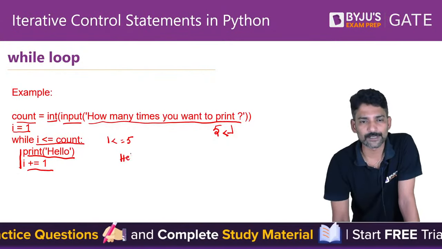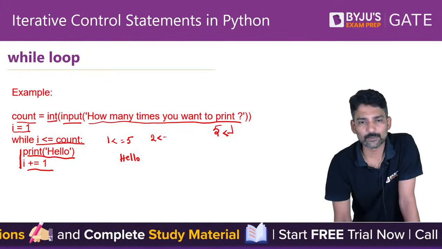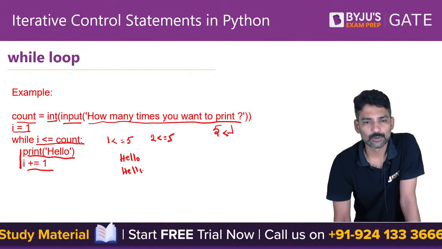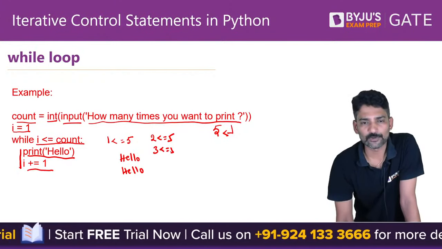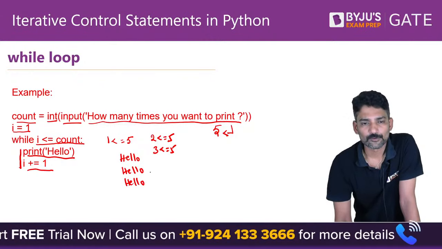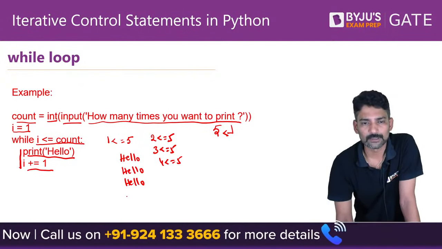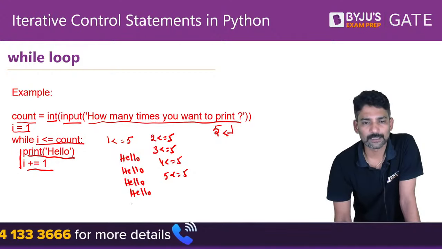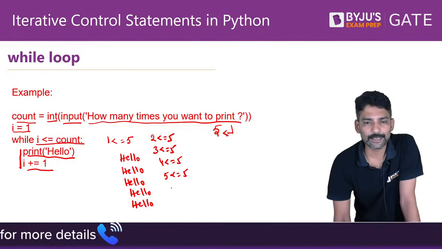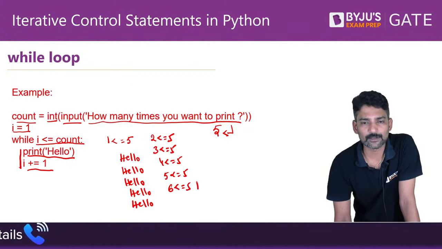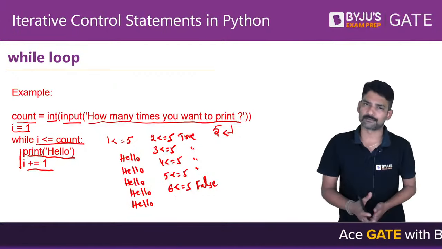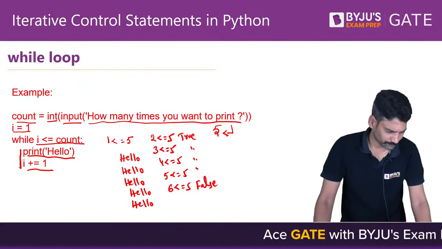So hello gets printed. 2 less than or equal to 5, true, i becomes 2, then hello. 3 less than or equal to 5, hello. 4 less than or equal to 5, hello. 5 less than or equal to 5, hello. Whenever i becomes 6, 6 less than or equal to 5 is false. So here it gets stopped, just like other language loops.